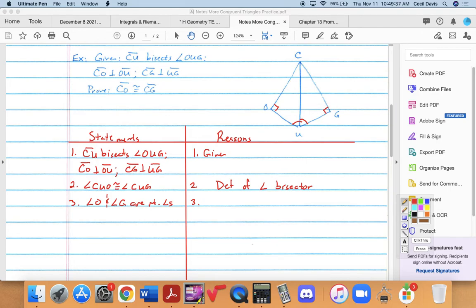That'd be a whole other step. And we can do that right now. We can say angle O is congruent to angle G, but we need to give a reason for number 3 first. Definition of perpendicular lines. Yep. And the next one would be all right angles are congruent.